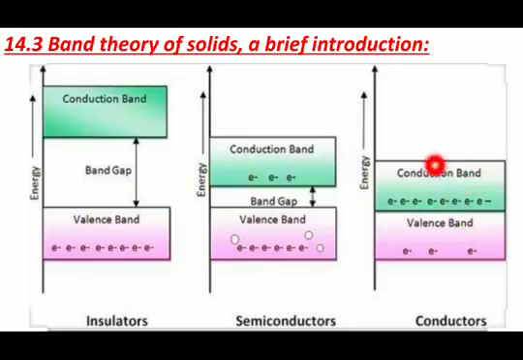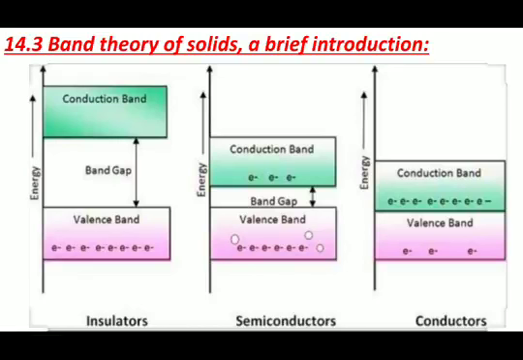This refers to a situation where one can have a metal either when the conduction band is partially filled and the valence band is partially empty, or when the conduction and valence bands overlap. When there is overlap, electrons from the valence band can easily move into the conduction band. This situation makes a larger number of electrons available for electrical conduction. When the valence band is partially empty, electrons from its lower energy level can move to a higher level, making conduction possible.